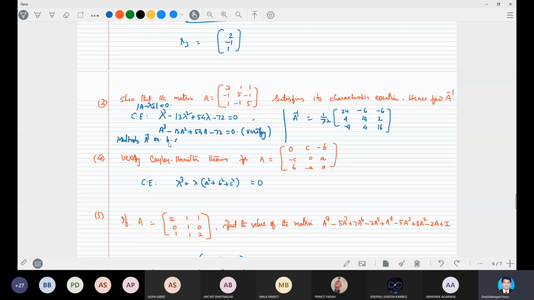So it results in A square minus 13A plus 54I is equal to 72 into A inverse, right? Now A inverse is equal to 1 by 72 into this much. You find out this one. A inverse is 1 by 72 into A square minus 13A plus 54I. This is the required A inverse. Okay?